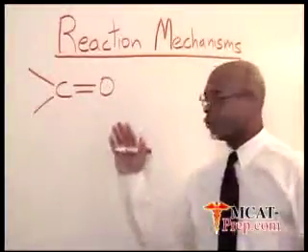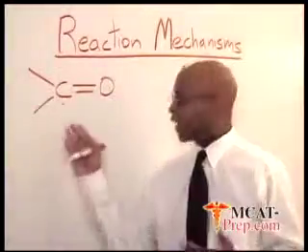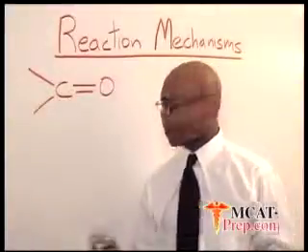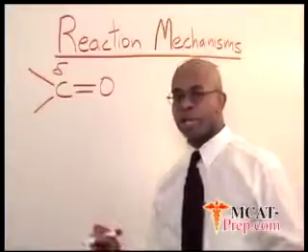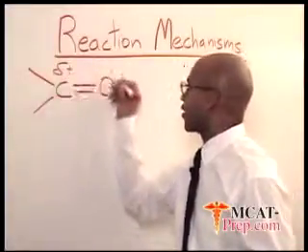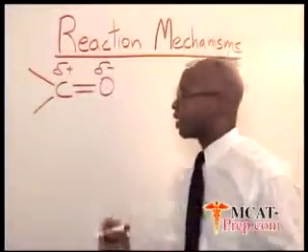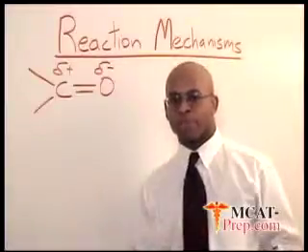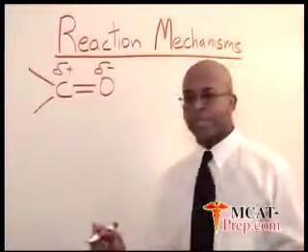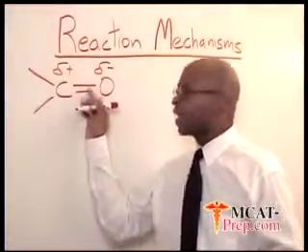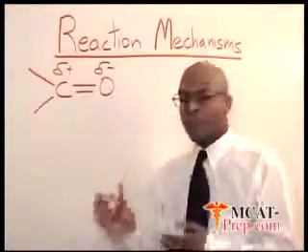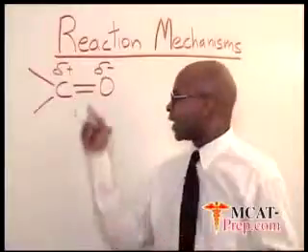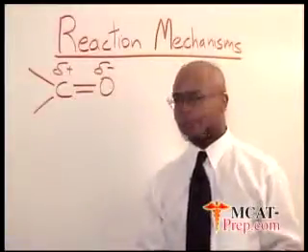To begin with, we've seen that this is a polarized bond, meaning that the carbon, because of where it is placed on the periodic table, is delta positive and the oxygen is delta negative. So it is a polarized bond. Also, we've seen that there is a sigma and a pi bond. There's a double bond, and they have different strengths in that double bond.